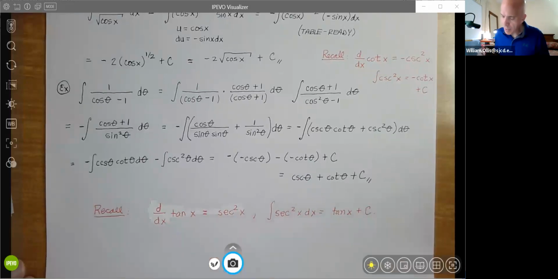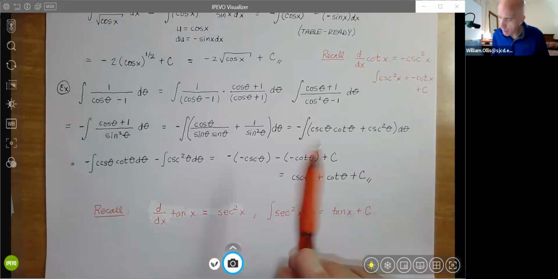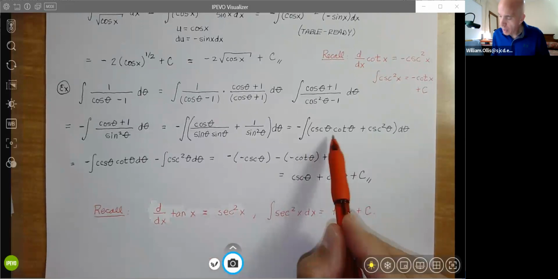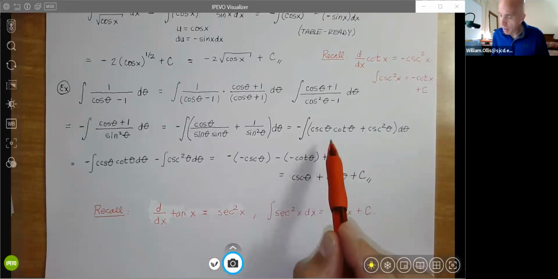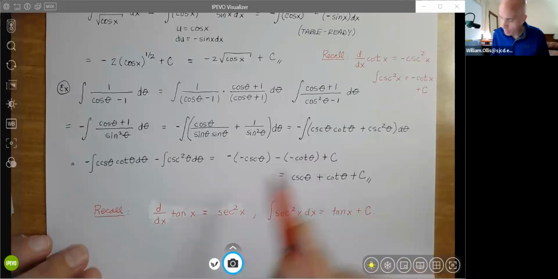Now, when you think about what we did at this part here, when we think about the actual integrals, let me just go ahead and write these down.